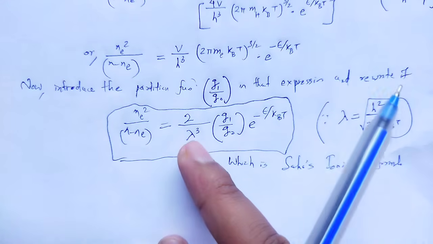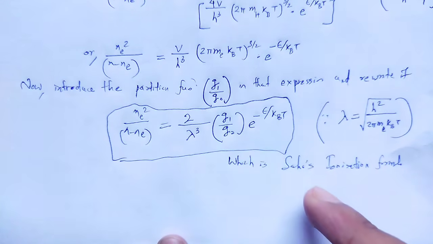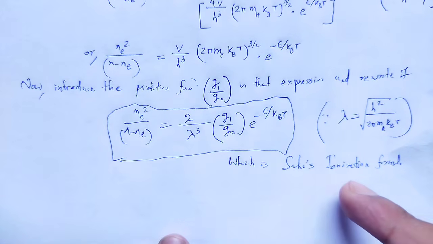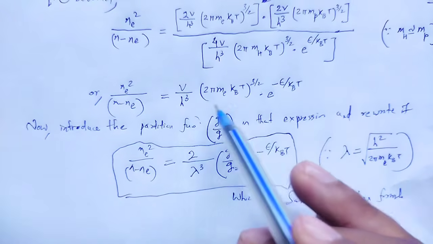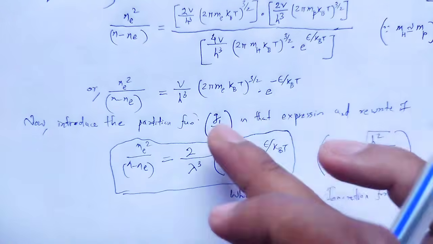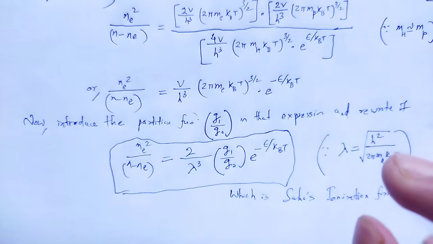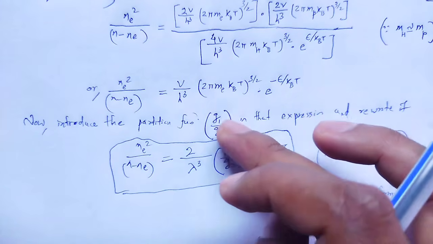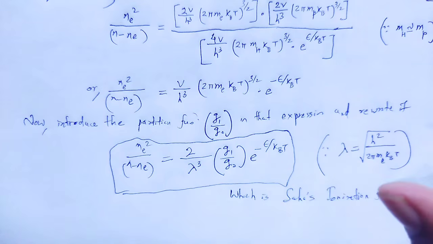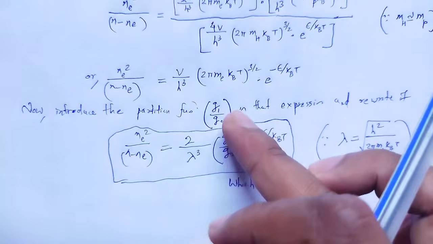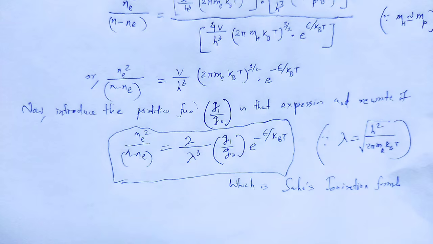That ratio signifies the formula, which is Saha's ionization formula. In that expression, we just introduce the partition function g1 divided by g naught, which is the degeneracy for that two energy level system. 2 is introduced for that purpose as we are considering hydrogen atom.